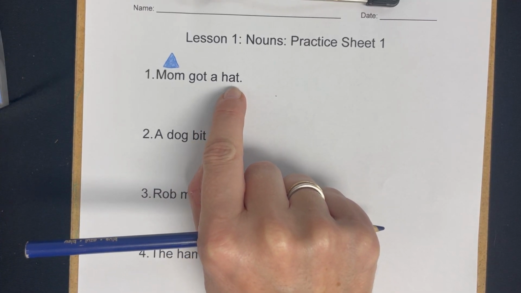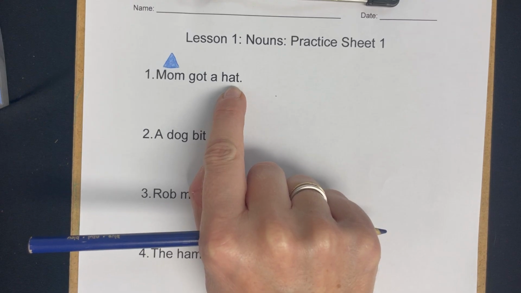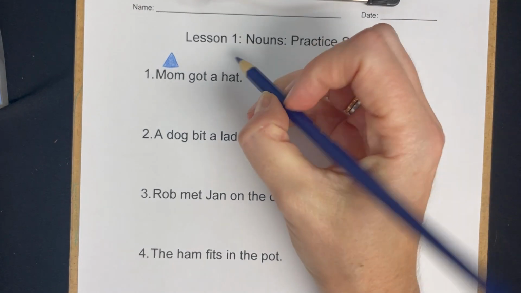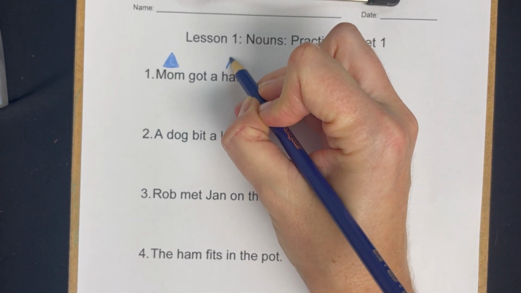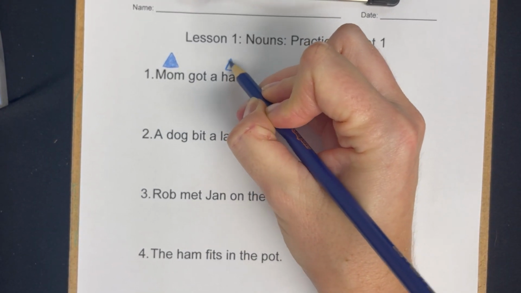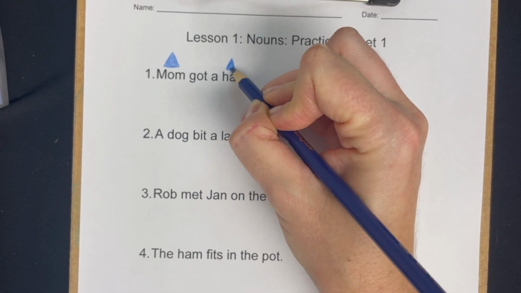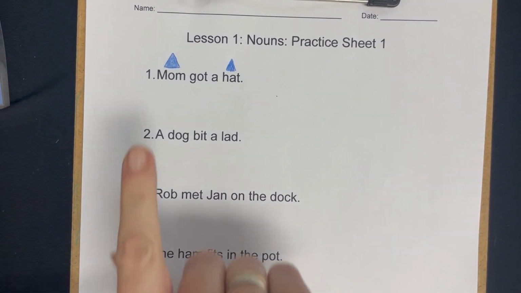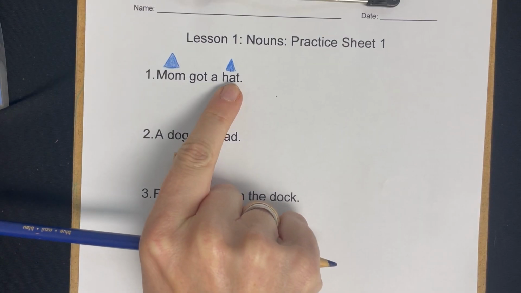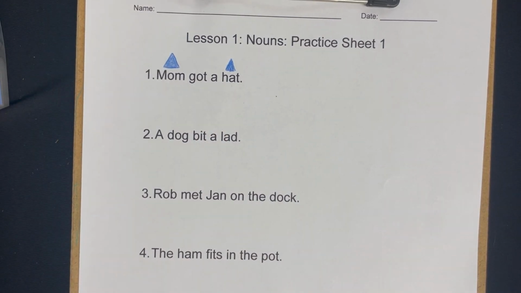Is that a person, place, thing, or animal? Yes, that is a thing, an object that I could wear on my head. So that is a noun. I'm going to go ahead and put a blue triangle right above that. And we're done. So we should have two nouns inside of sentence one. And that's all you need to do. Let's look at number 2 together, and then you'll need to do the rest of these on your own.